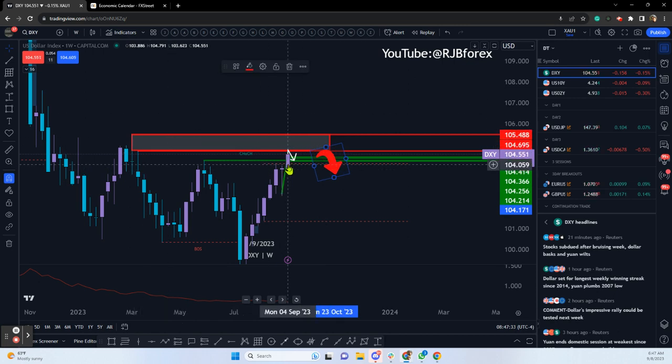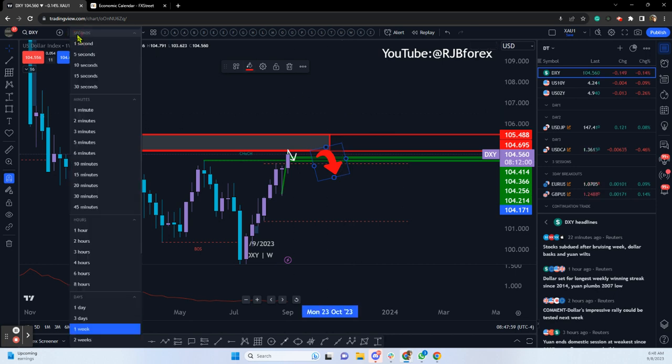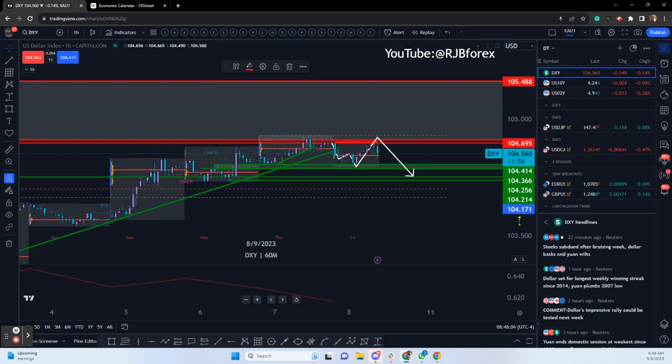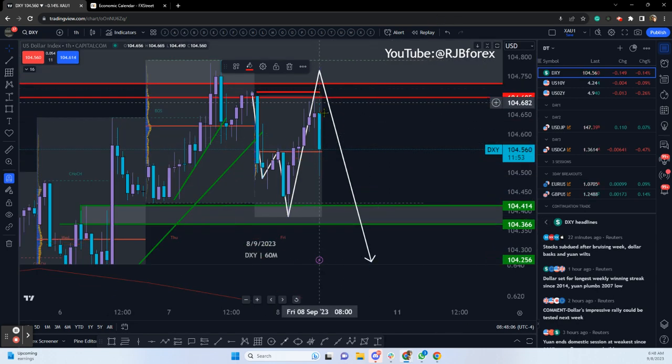So, I mean, this could quite easily continue higher, but it's the less likely scenario because of, as you said, how many weeks? 8 consecutive weeks. 1, 2, 3, 4, 5, 6, 7, 8. Yeah, we're in the 8th consecutive week of longs. So you presume the correction would be imminent. So that's what we're playing for today, right? Across the board, we're looking for dollar weakness. And we're getting it. Yeah.